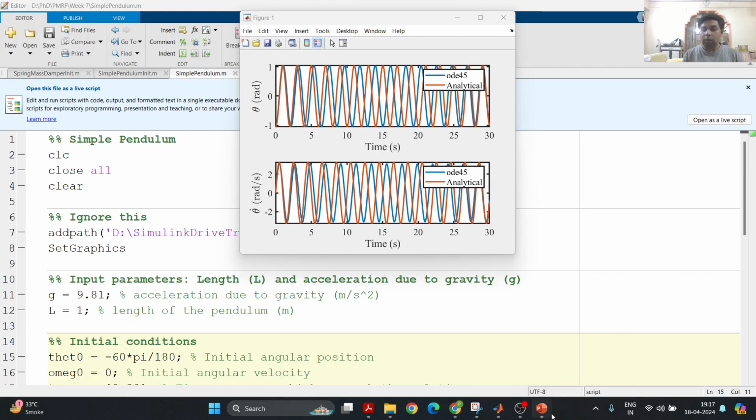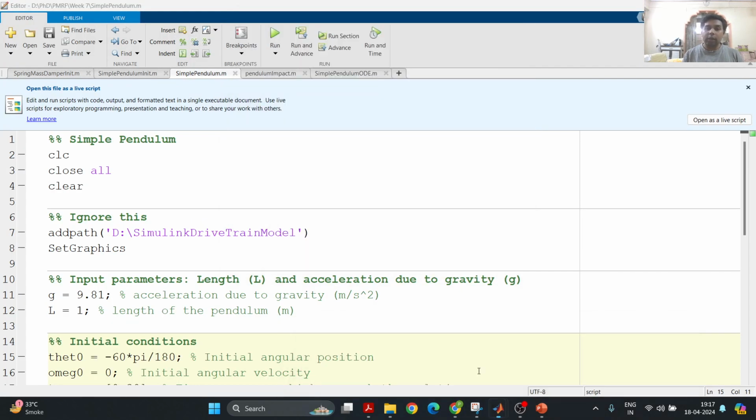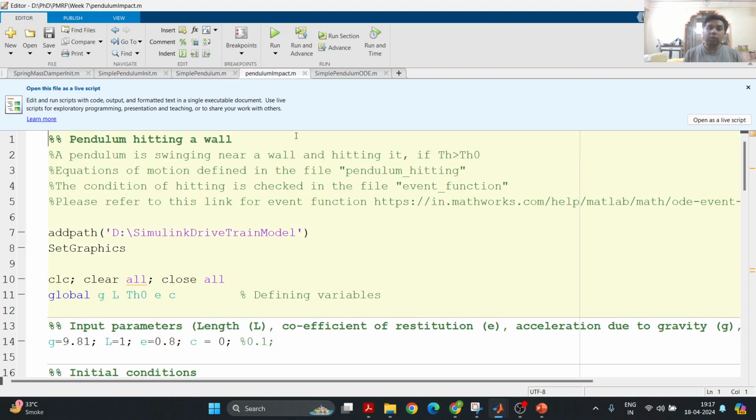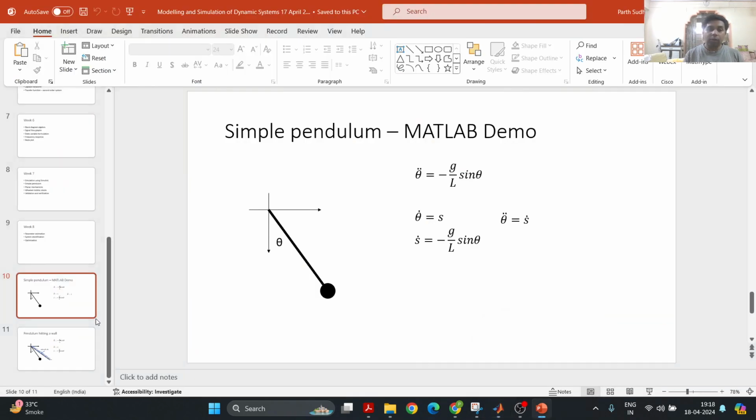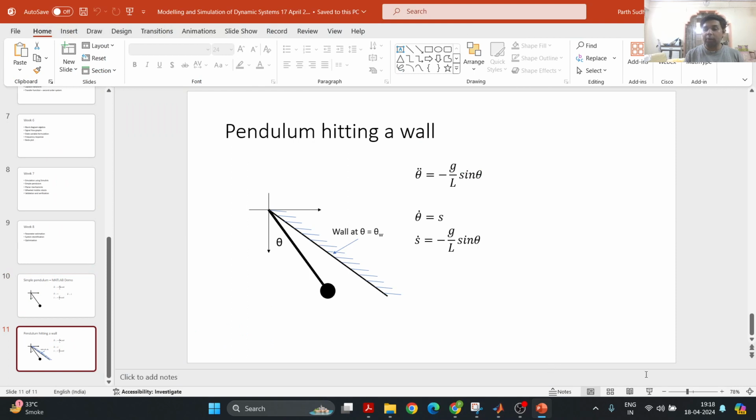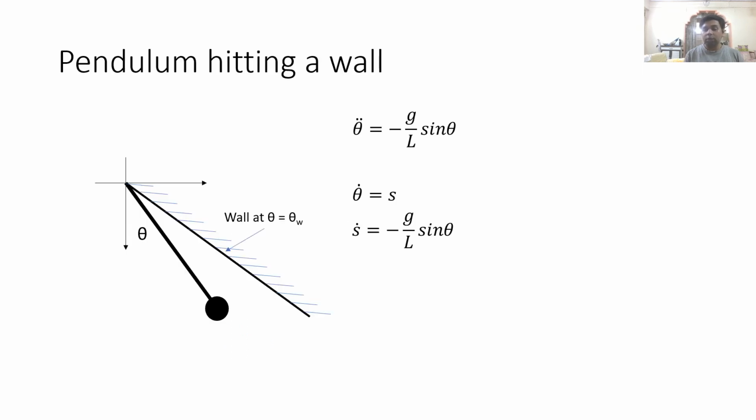Then another example that was discussed is that if we have a pendulum which is hitting a wall.